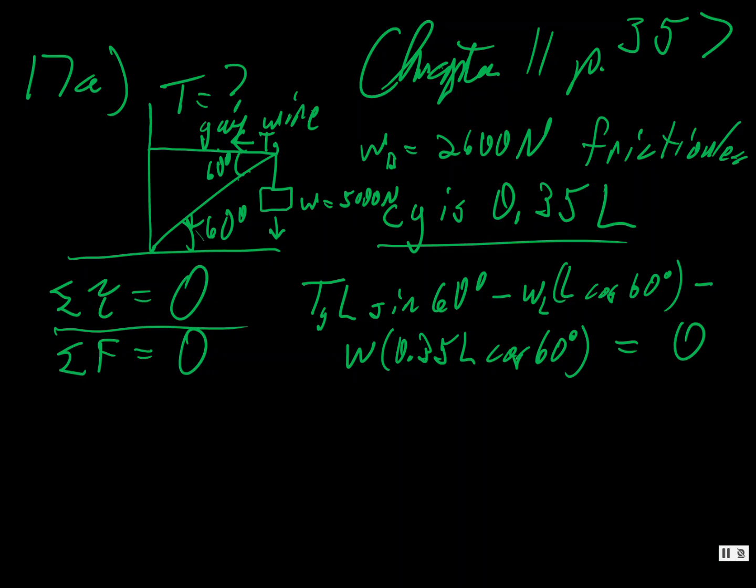All right. So now you should have all your math done now, okay? Or the physics done. So now let's solve for T of the guy wire. And then that, of course, becomes what? Well, that becomes this right here.